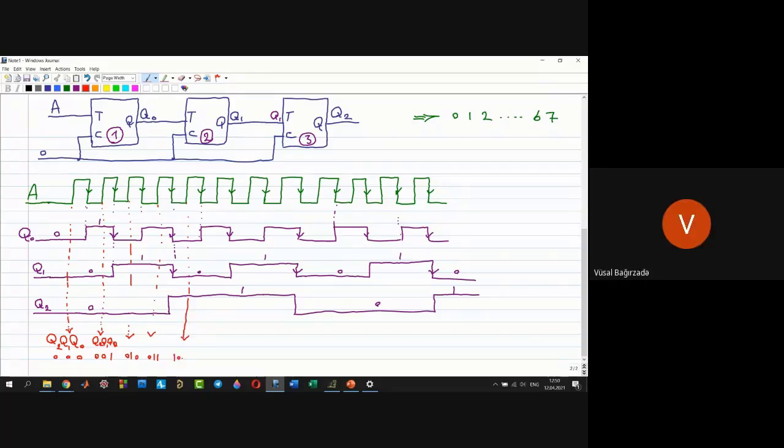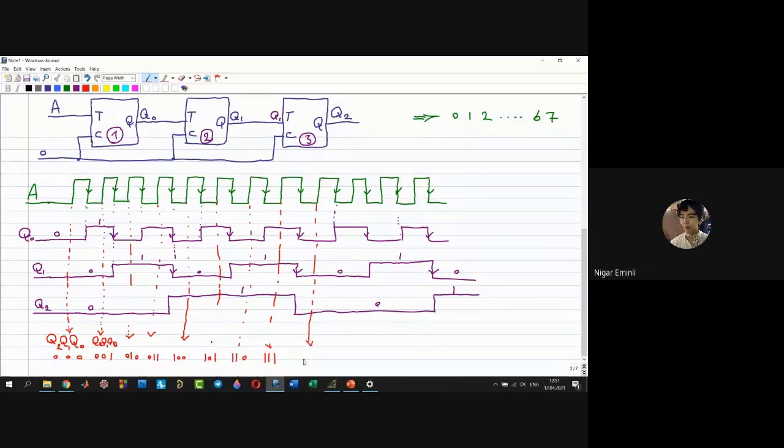Here? 1, 0, 1. Here? 1, 1, 0. Here? 1, 1, 1.